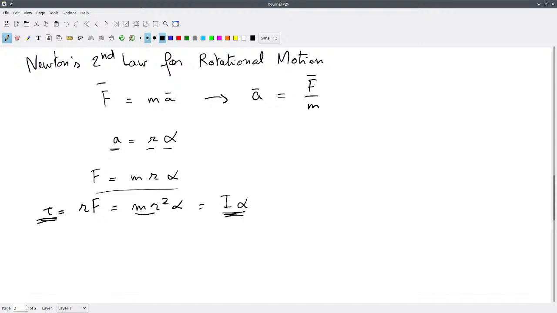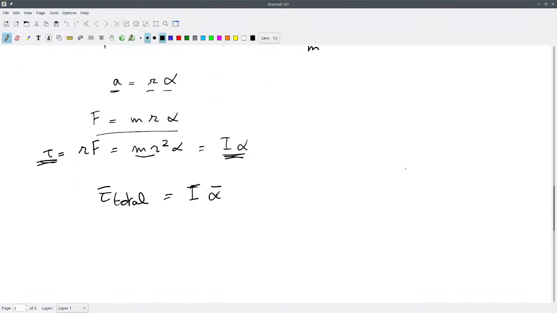I'm going to turn this back into a vector quantity. The vector of torque, the total torque on an object, will give us an angular acceleration alpha with a proportionality constant that is the moment of inertia of the object for rotation around that axis. And again, I'd probably want to write this as alpha is tau total over the moment of inertia.